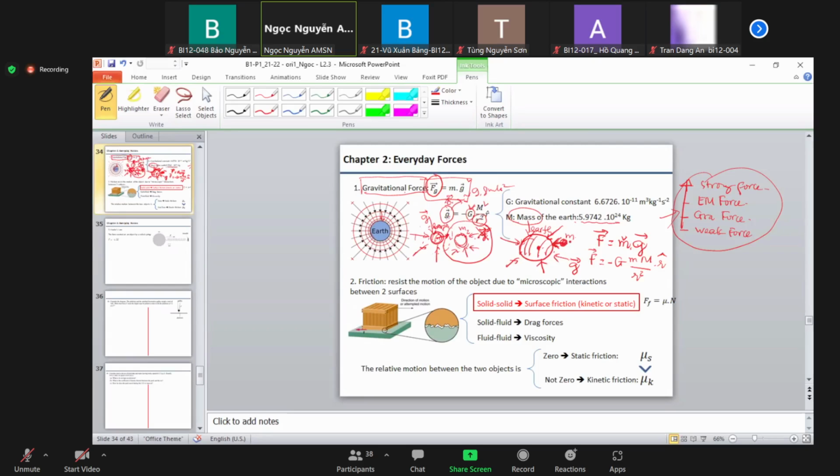If you change the position of the body, not here but here, you will change the value of R. But normally the distance from the surface of the Earth to the mass is so small compared to the radius of the Earth that the value of G doesn't change too much.